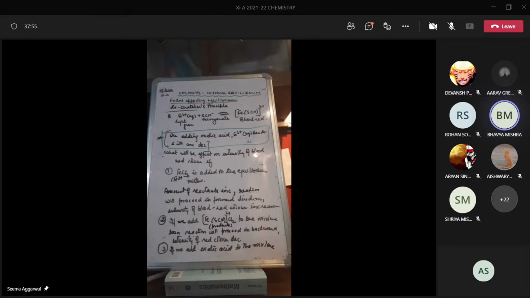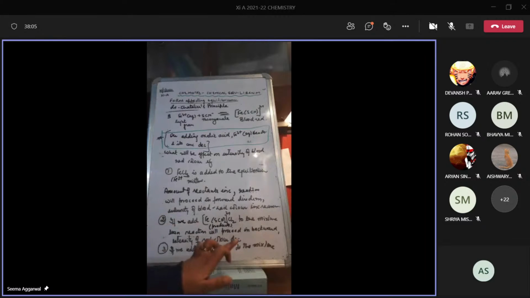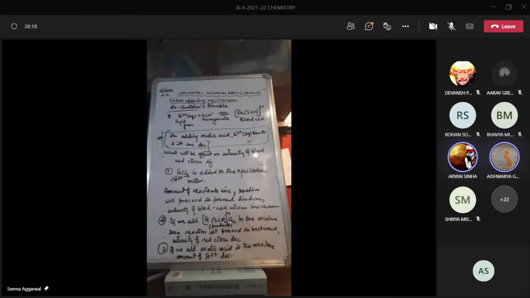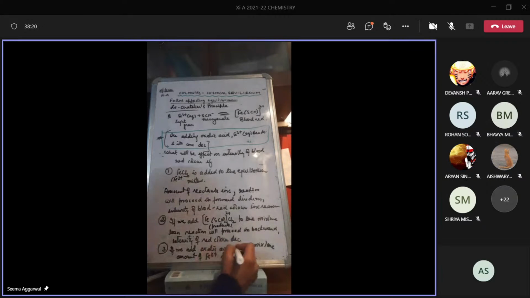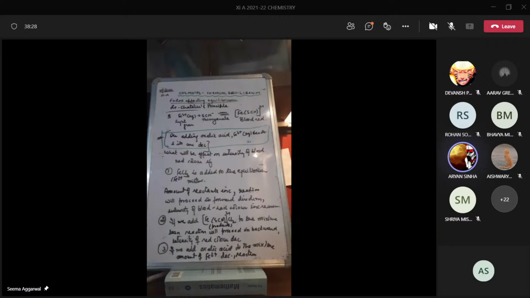Ma'am, it will go in the backward direction because Fe3+ will decrease the concentration. One minute. If we add oxalic acid to the mixture, then amount of Fe3+ decreases. So if the amount of Fe3+ decreases, then the reaction will go in which direction? Ma'am, the reaction will go backward direction now. Yes, very good. So the reaction will proceed in the direction where the amount of Fe3+ increases. Ma'am, the intensity of blood red will decrease.